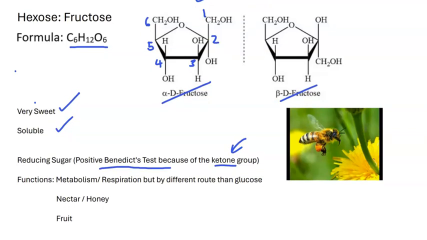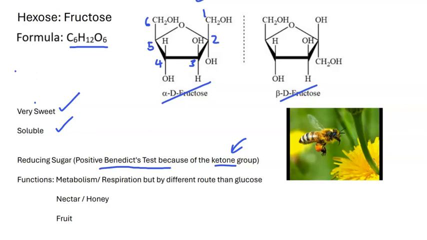The metabolism of fructose is a little bit more complex. Initially, for instance, in mammals and in humans, fructose is not used in respiration, but will actually be taken up by the liver and usually stored as fats, actually.